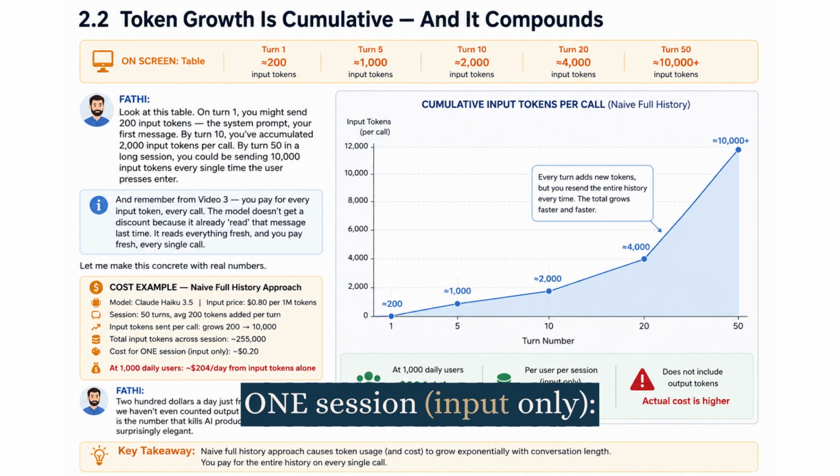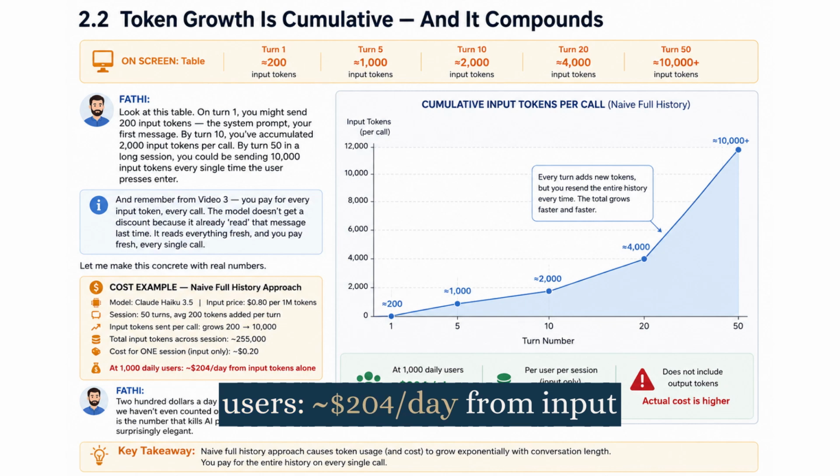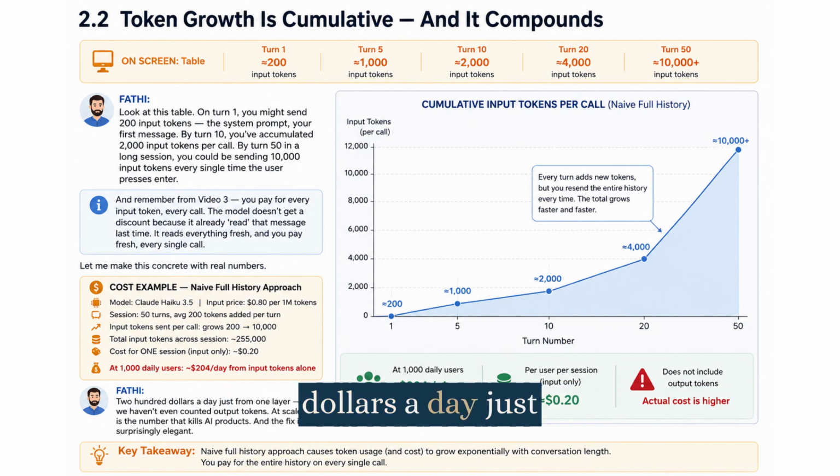Cost for one session, input only: nearly $20. At 1,000 daily users, nearly $204 a day from input tokens alone. $200 a day just from one layer, and we haven't even counted output tokens. At scale, this is the number that kills AI products, and the fix is surprisingly elegant.